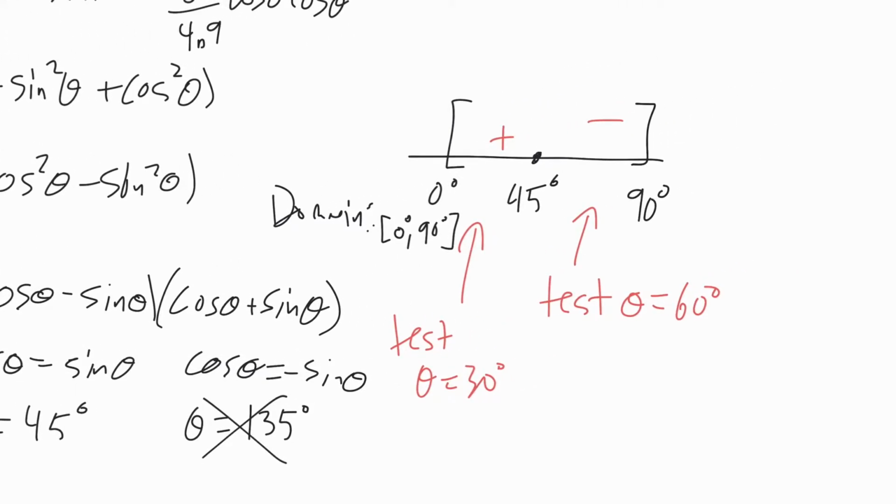Well, let's look at that sine diagram. It is increasing and then decreasing. So what do we have here at 45? We have a relative max. Of course we do. Increasing and then decreasing.